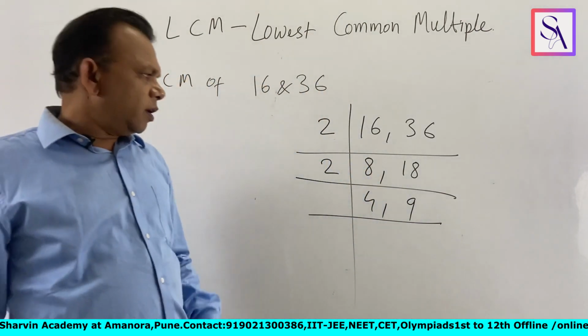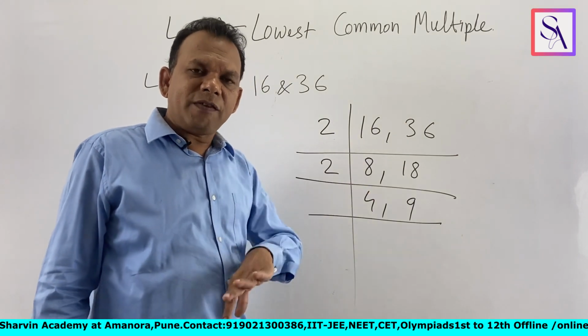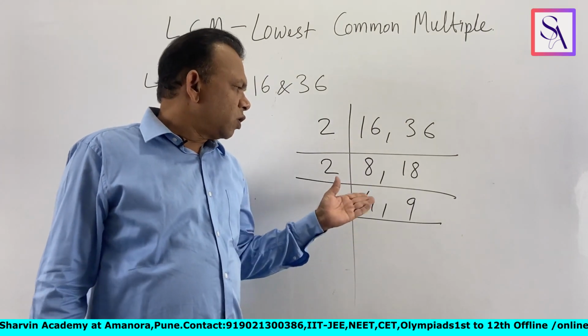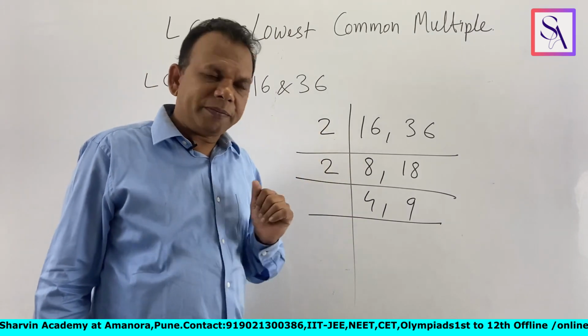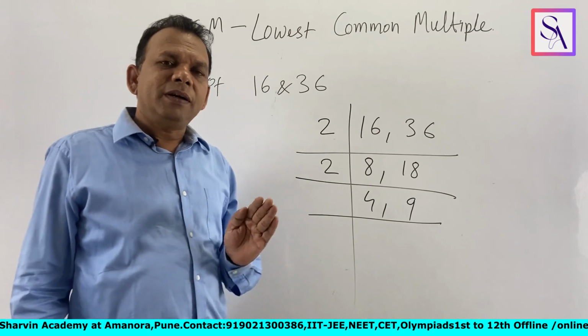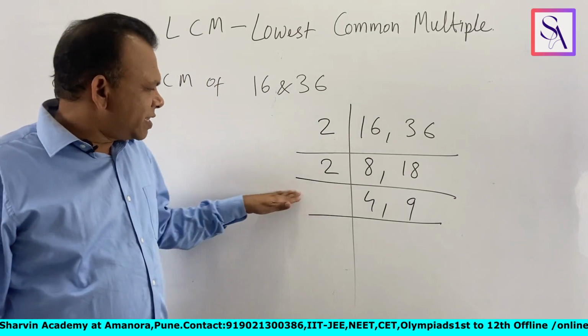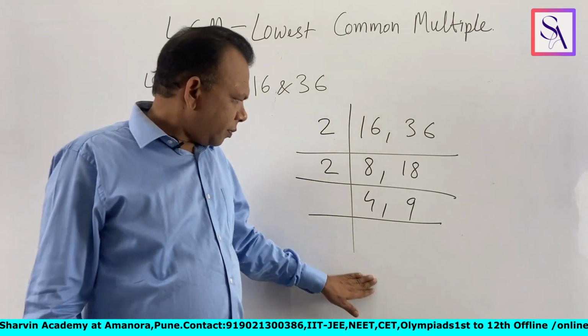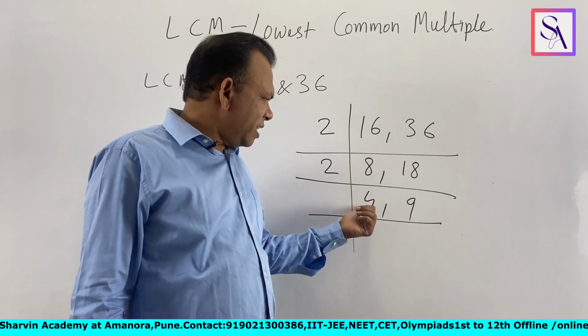Now there is a little bit of difference from HCF. Our HCF stops here, right? 2 2s are 4 is the HCF, we have seen that. But LCM will not stop here. What the LCM rule says is, you need to find a number which will divide at least one number.